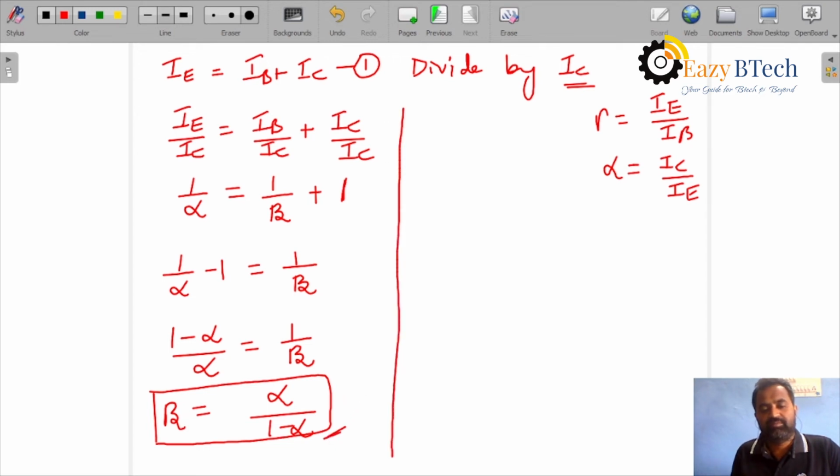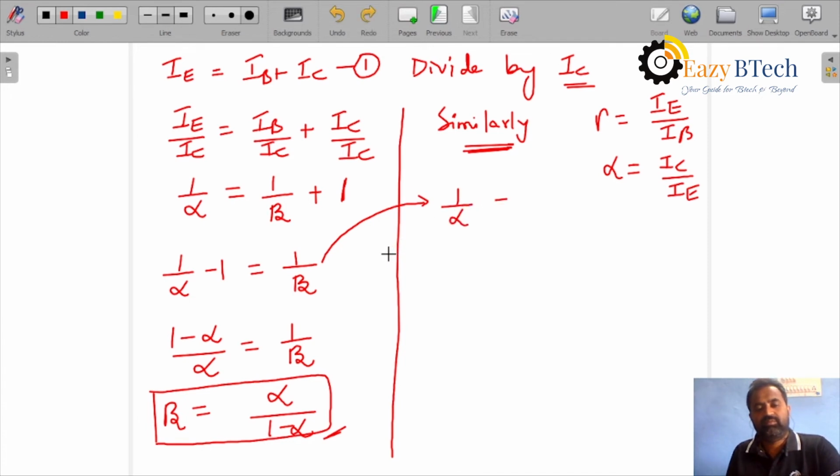Similarly, from this factor, you know that 1 by alpha is equal to 1 by beta plus 1.